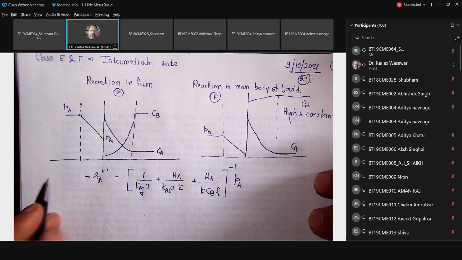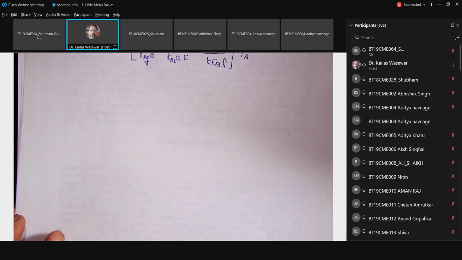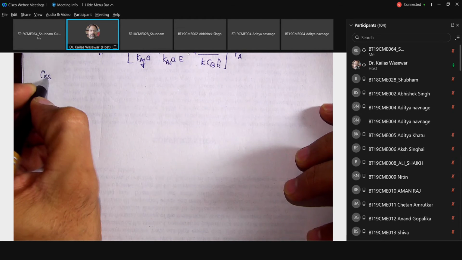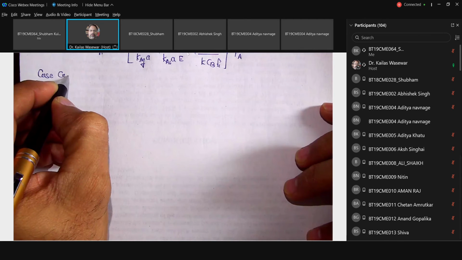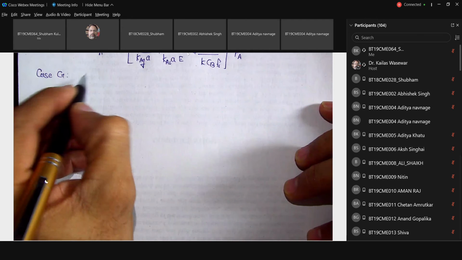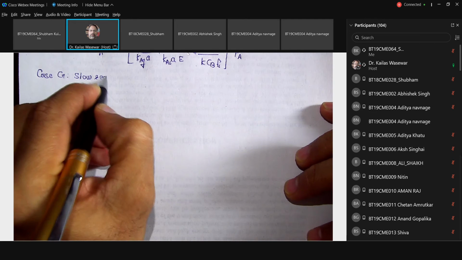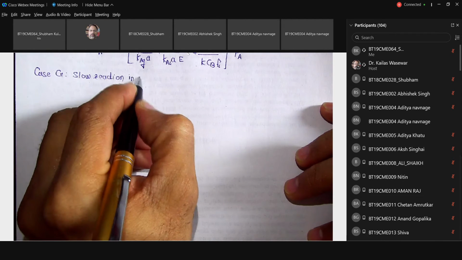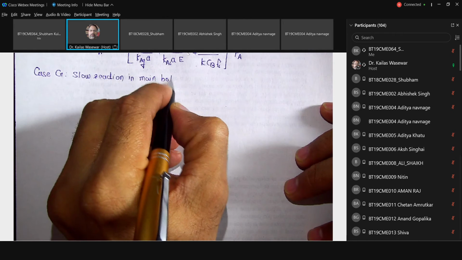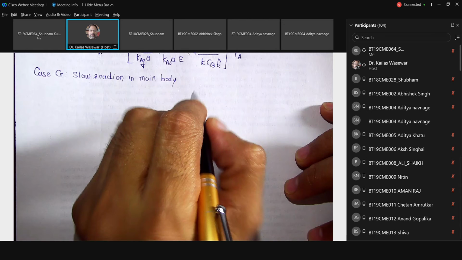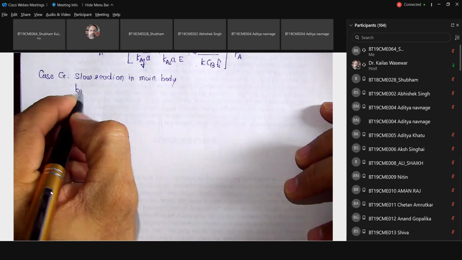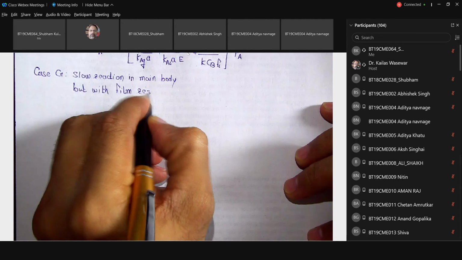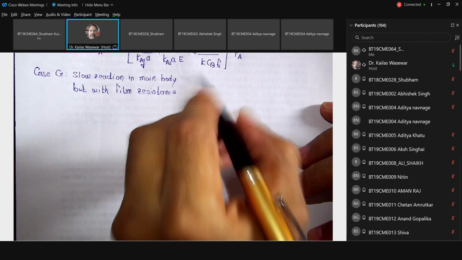So there are other cases, that is case G, that is slow reaction in the main body, but having film resistance. And it is very slow reaction then.